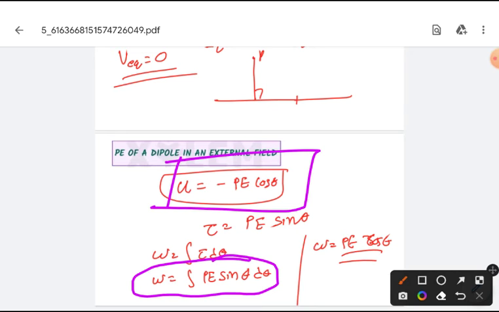So W is equal to P E, take P E outside, and integral of sin theta is equal to minus cos theta.